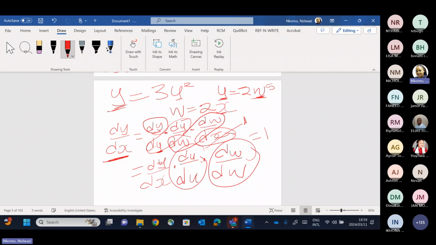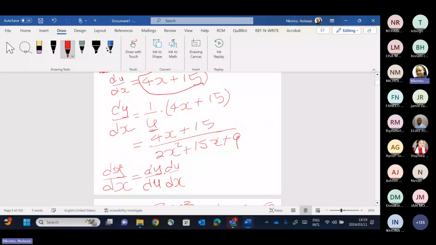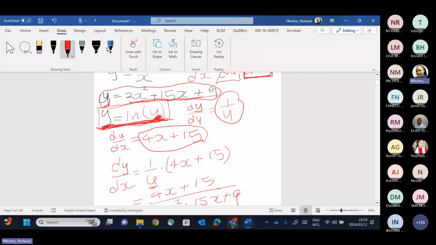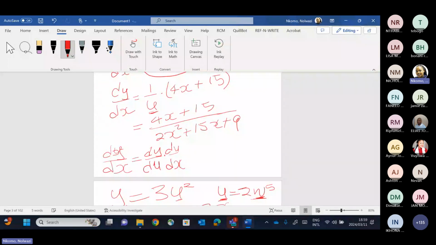So this means we are correct. We can write the derivative of all these functions as dy over du times du over dw times dw over dx. That's why here, since we have y as a function of u and u as a function of x, we have dy over du times du over dx, because this gives us 1, then we are left with dy over dx. So the formula that we used here is correct.